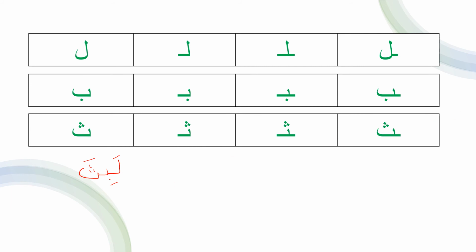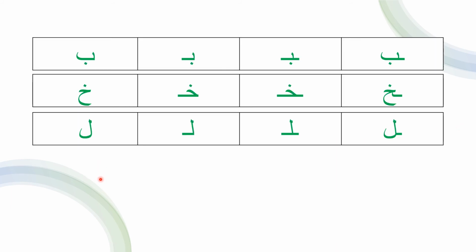And our next word, which is the last word for kasra that we're going to use, consists of ba, kha, and lam. So how do we connect these? So ba at the beginning of a word right here, initial. All right, and then kha when it's connected and in the middle, what does it look like?